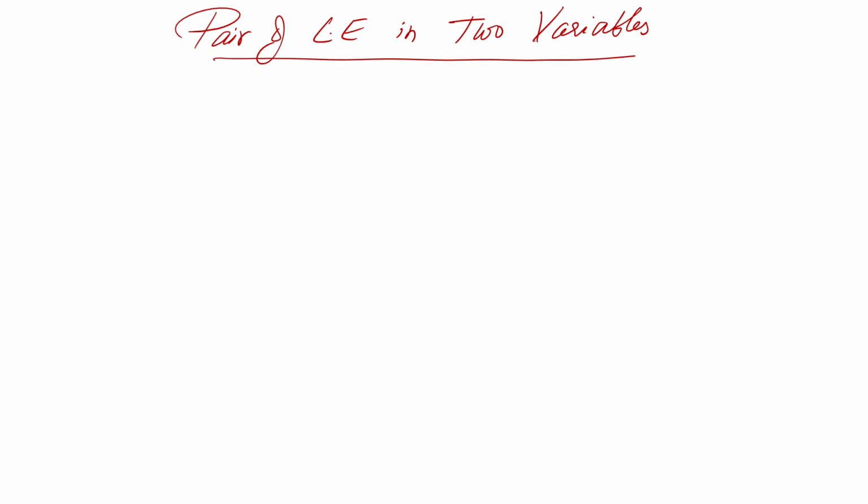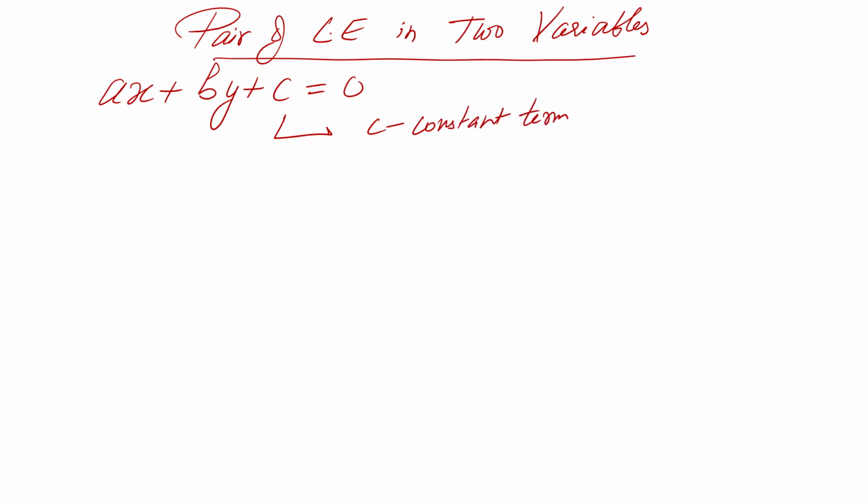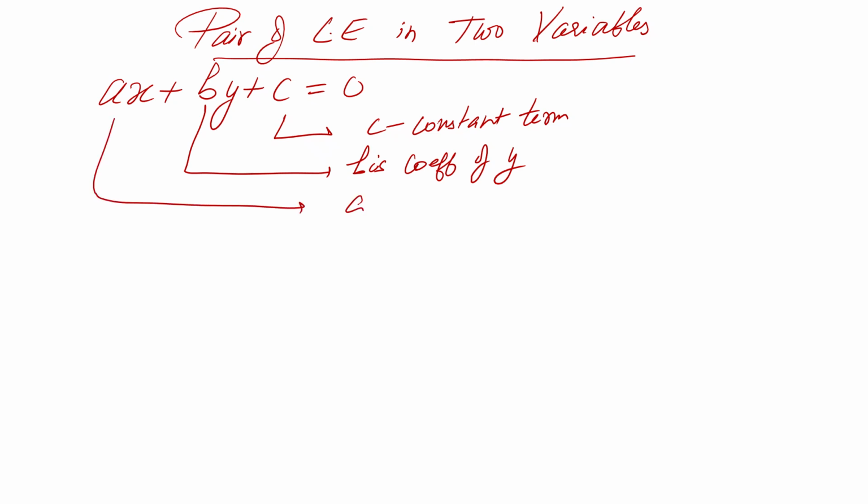In standard or general form, any equation of the form ax plus by plus c is termed as a linear equation, where c is the constant term, b is the coefficient of y, and a is the coefficient of x, right?